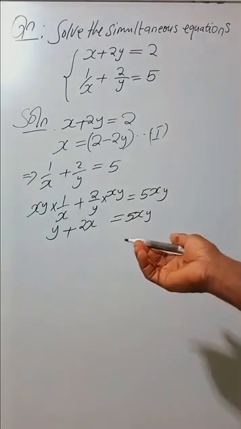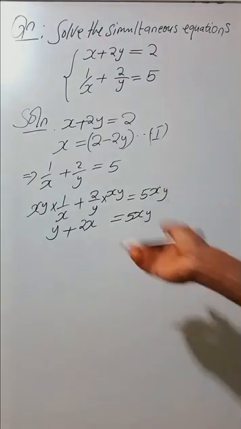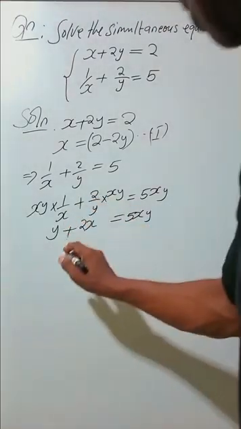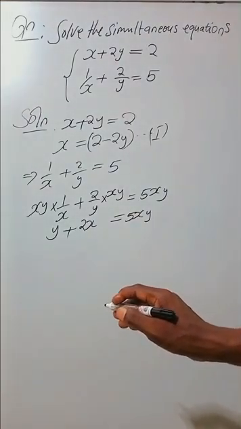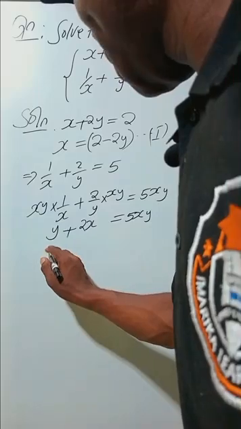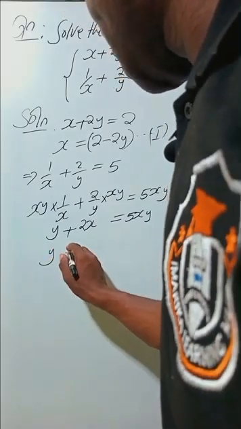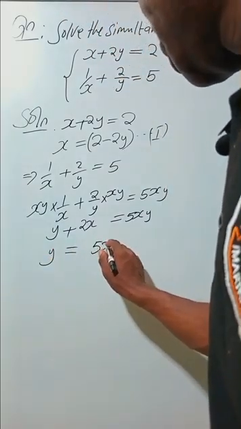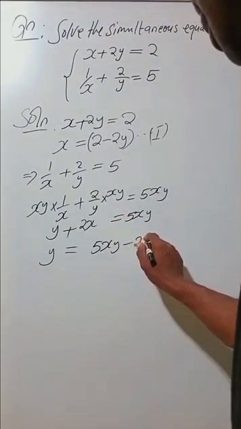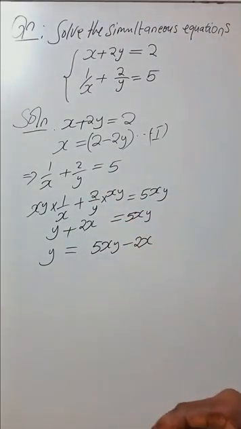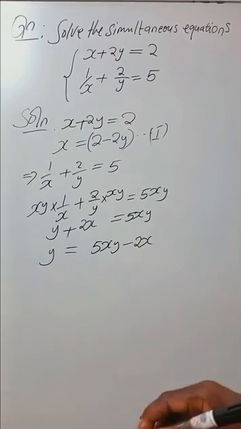Okay, we can choose to make y the subject. If we do that, we shall have y equal to 5xy, and when this one goes to the other side, it becomes minus 2x. Okay, do we need to go any further?